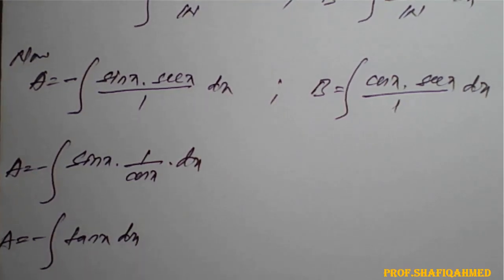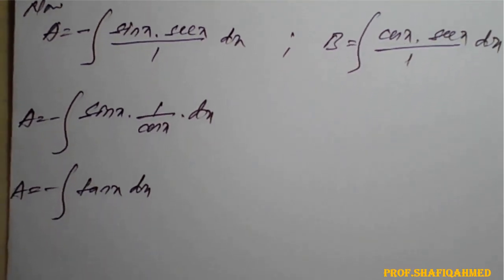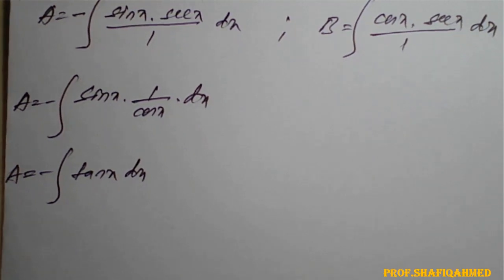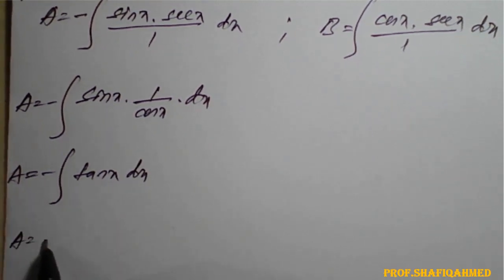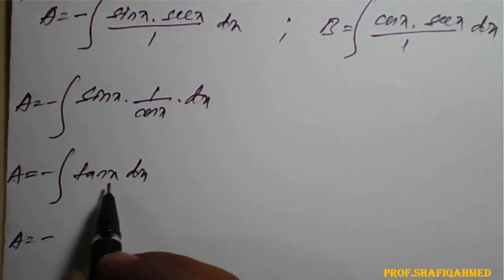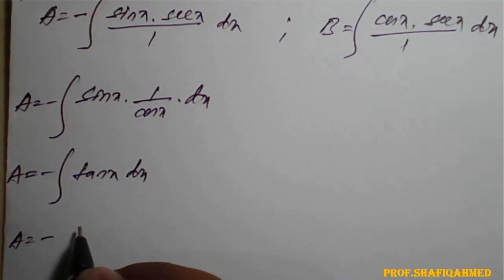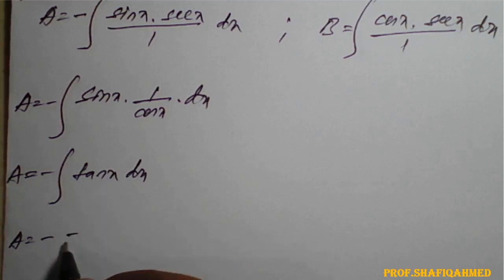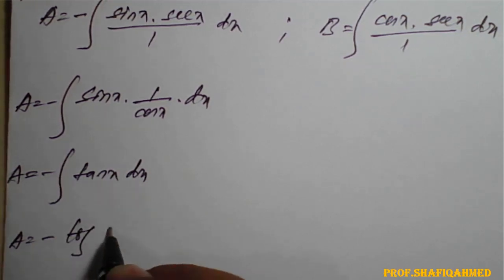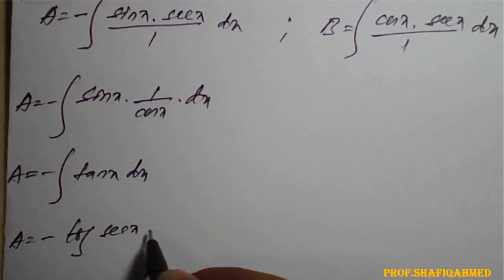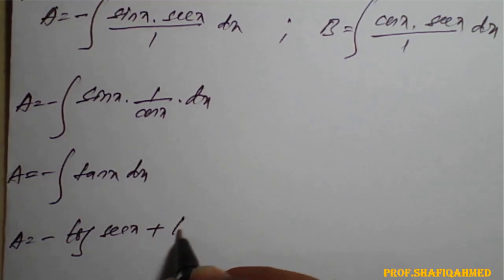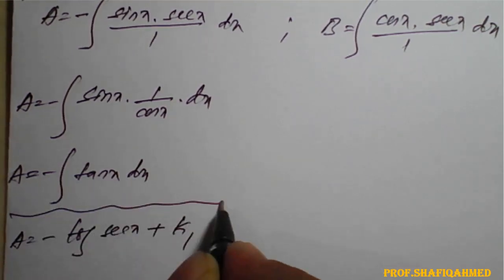Integration of tan x is log of secant x, so A is minus log of secant x plus arbitrary constant k1.